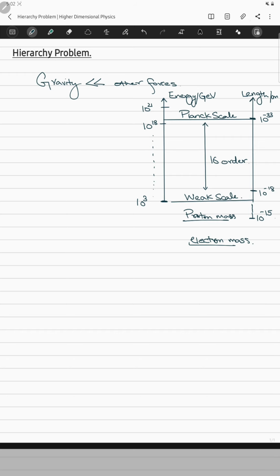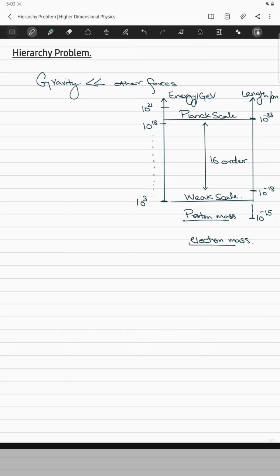All right, now getting back to this. You can see that gravity is much weaker than the other interactions of the standard model, but there is a hope that the four-dimensional Planck scale might not be fundamental, and the scale of quantum gravity is actually much smaller if large extra dimensions exist.